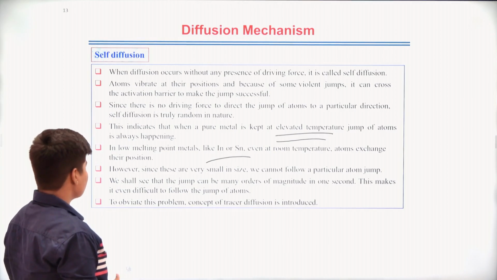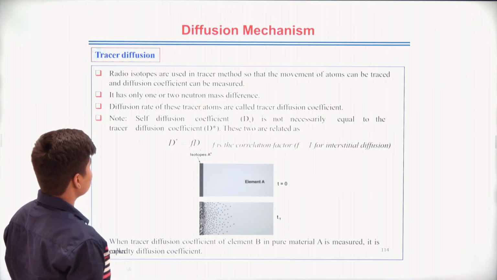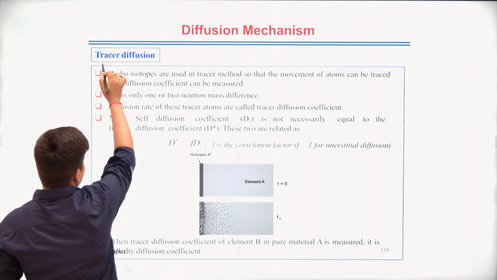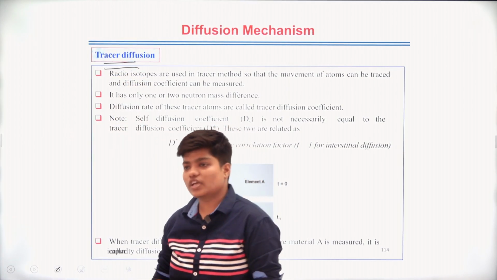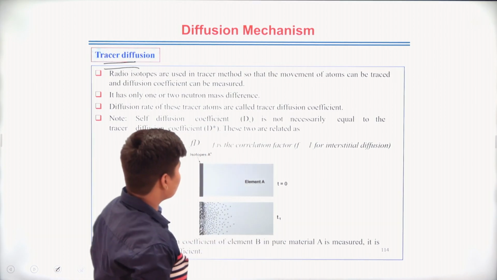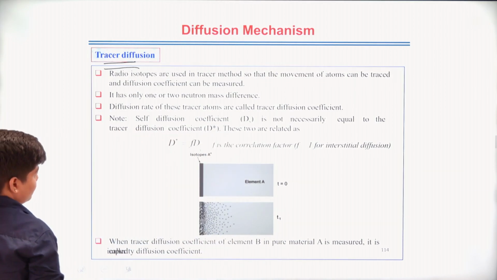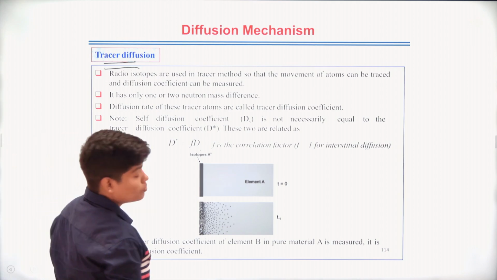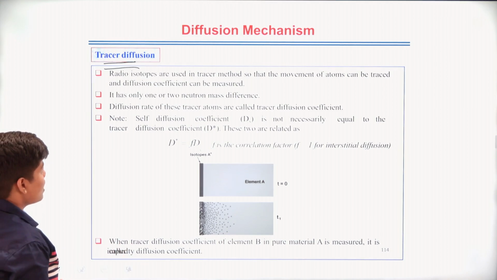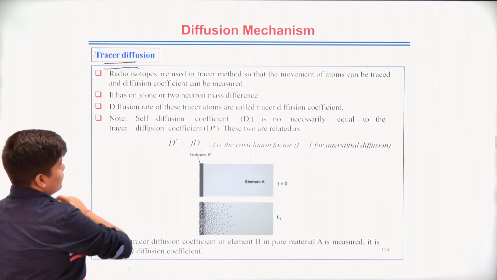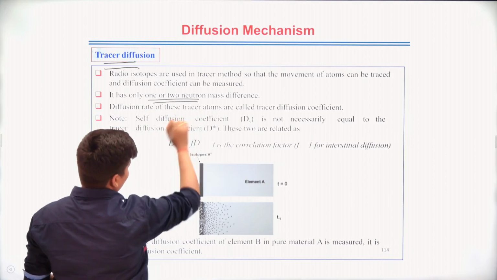Now the last one, that is tracer diffusion. Tracer diffusion occurs only with radioisotopes. Tracer means we can trace the diffusion, from where to where the atoms diffuse, and this occurs with only a one or two neutron mass difference.